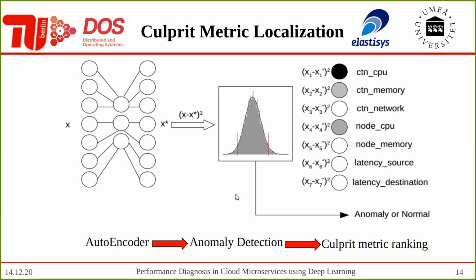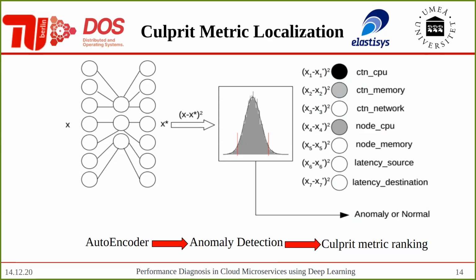Next, we detect the anomalies on this reconstruction error. Here we assume that the reconstruction errors follow a Gaussian distribution. And after that, we get a ranked list of the culprit metrics based on their reconstruction errors.